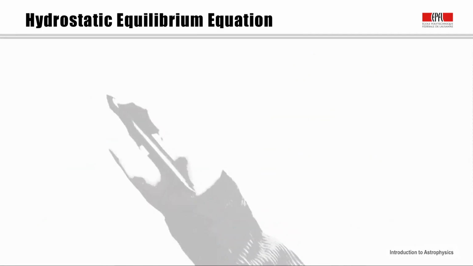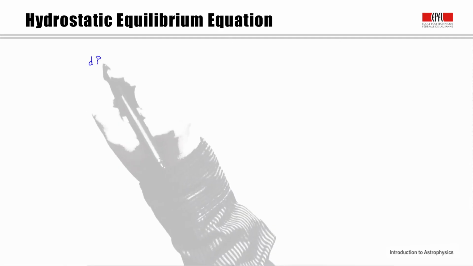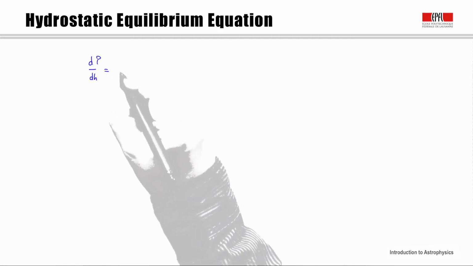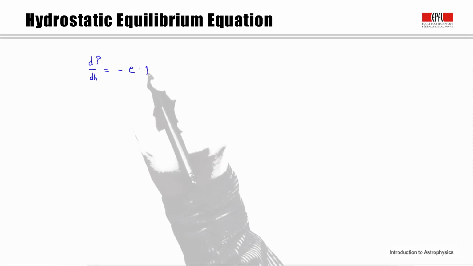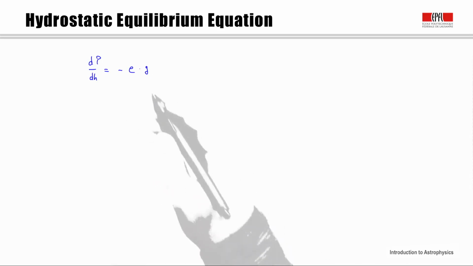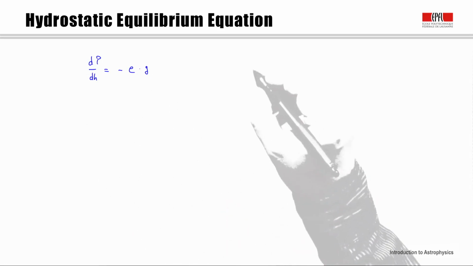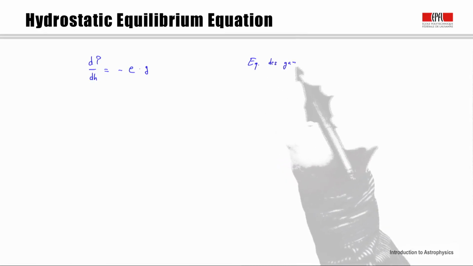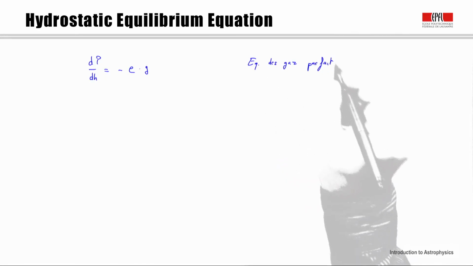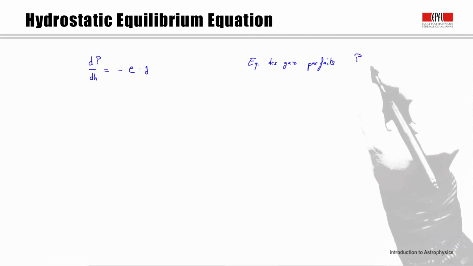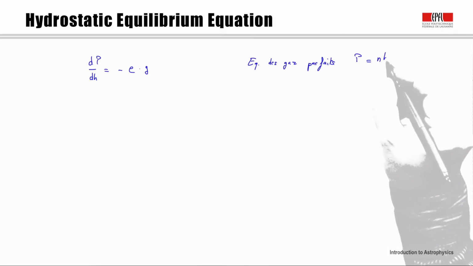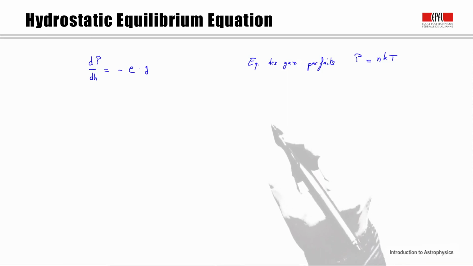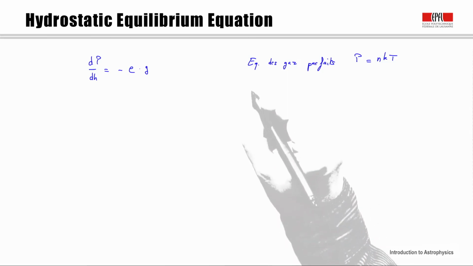Let us rewrite the equation of hydrostatic equilibrium that we have just seen. We had dP divided by dh equals minus rho g. Let us solve this equation. We recall the ideal gas law, which tells us that P equals nkT, with T the temperature, k the Boltzmann constant, and n the numerical density of particles.